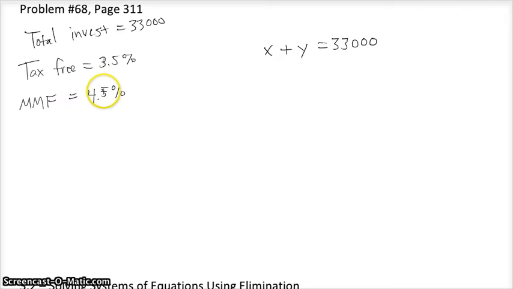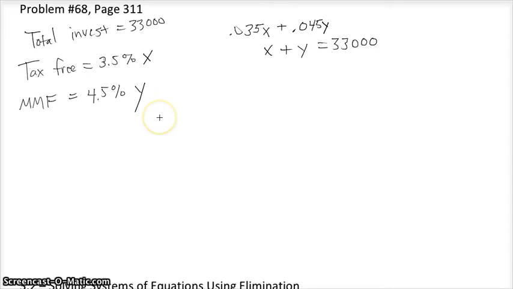So now I just have these two things that gain interest: 0.035x plus 0.045y. I've made a decision that x is going to be my tax-free and y is going to be my money market fund.